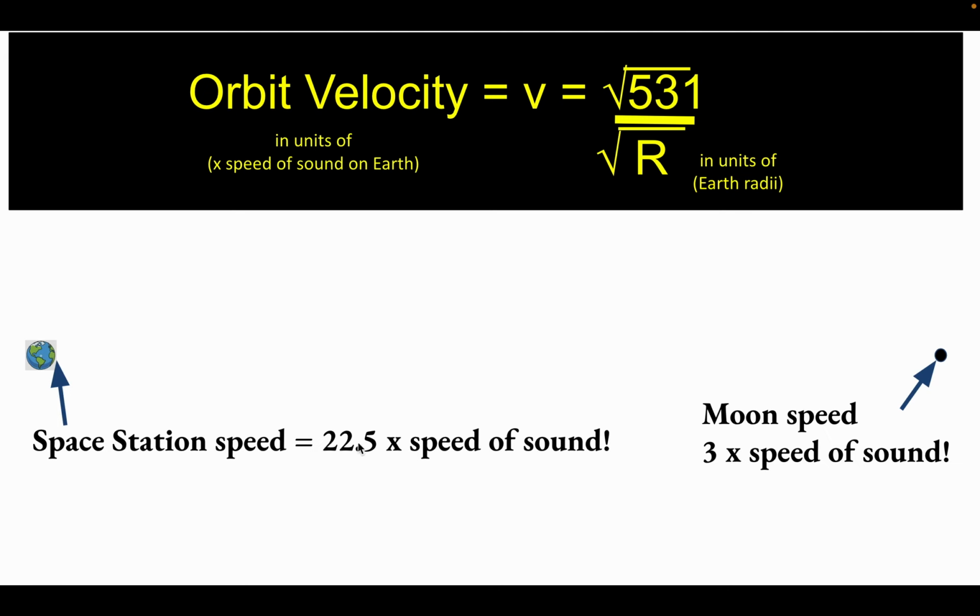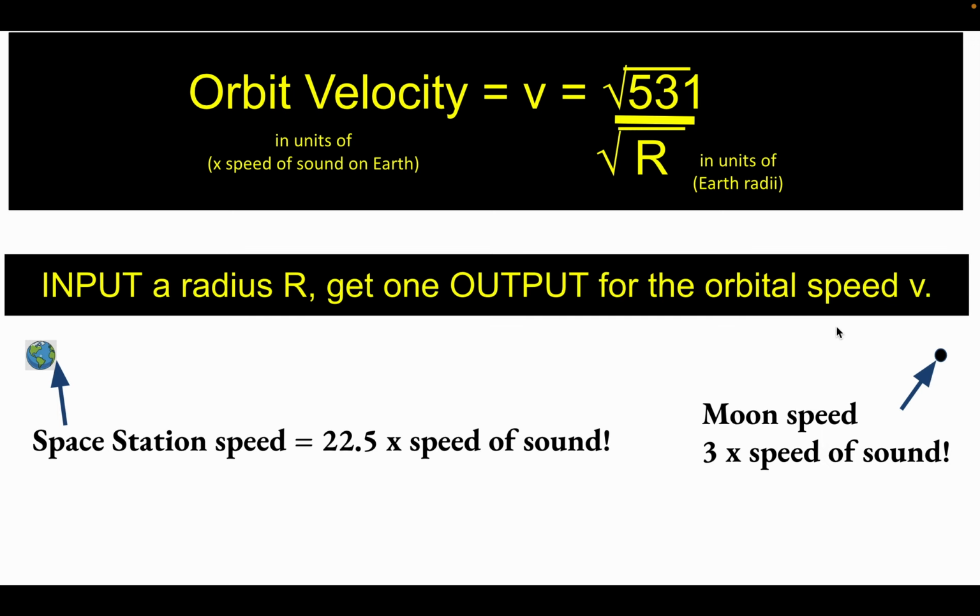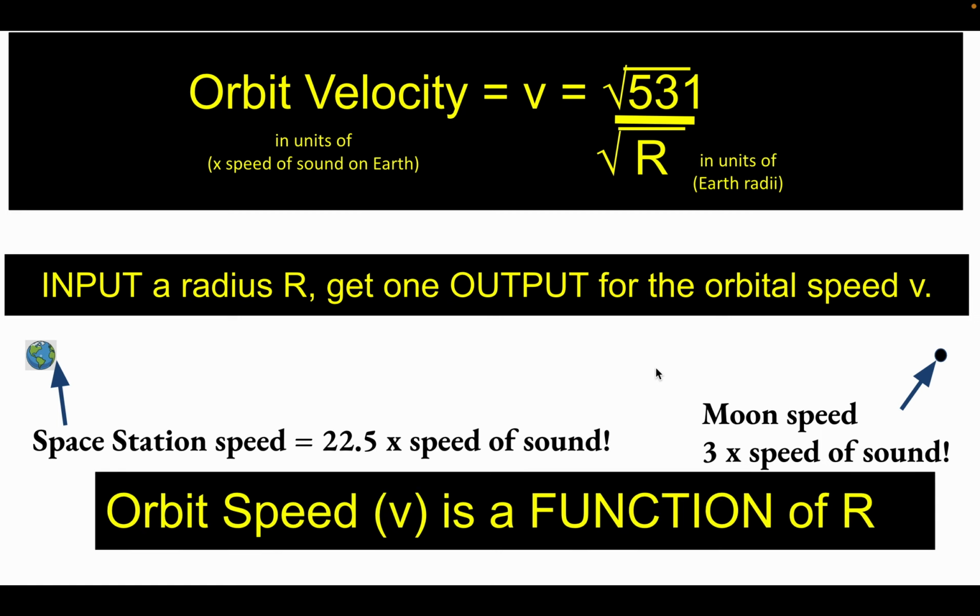So again, when you're close by, you have to orbit really fast, and when you're far away, you orbit pretty slowly. So the idea here is you input an orbital radius, and you get one output for the orbital speed. Okay, so we say that the orbit speed is a function of distance away from the Earth.